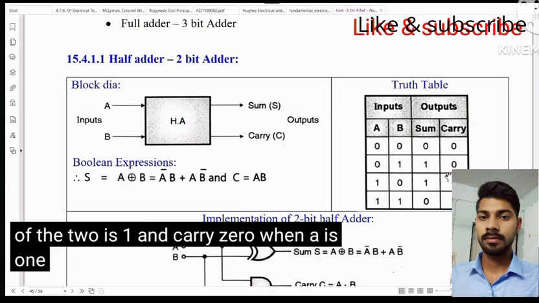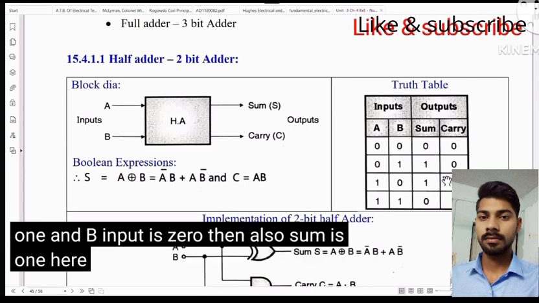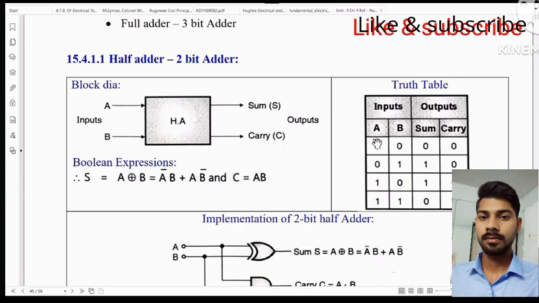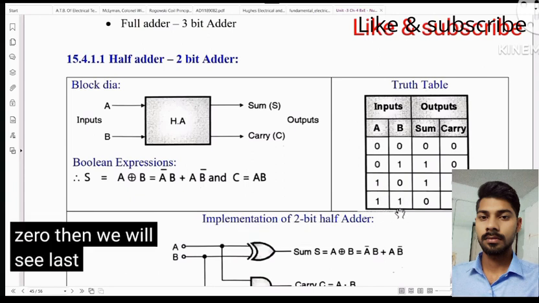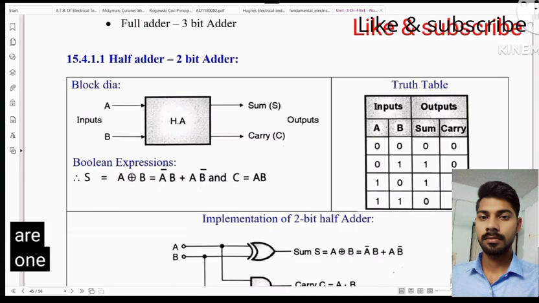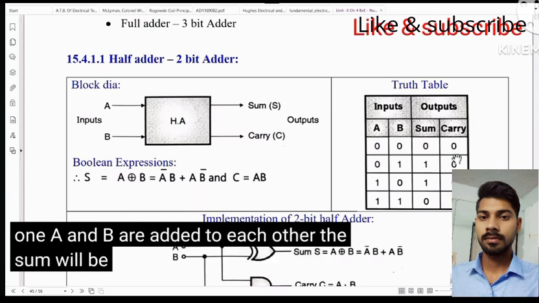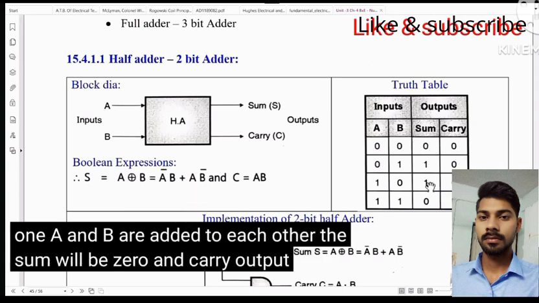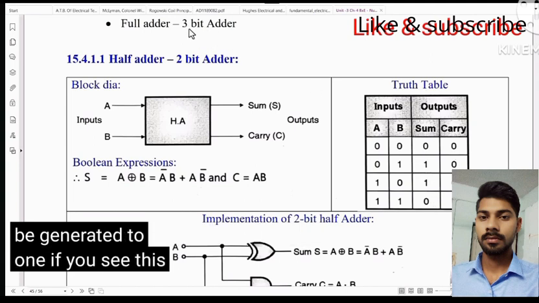When A is 1 and B input is 0, then also sum is 1 here and carry 0. Then we will see the last combination when both A and B are 1. A and B are added to each other, the sum will be 0 and carry output will be generated to 1.